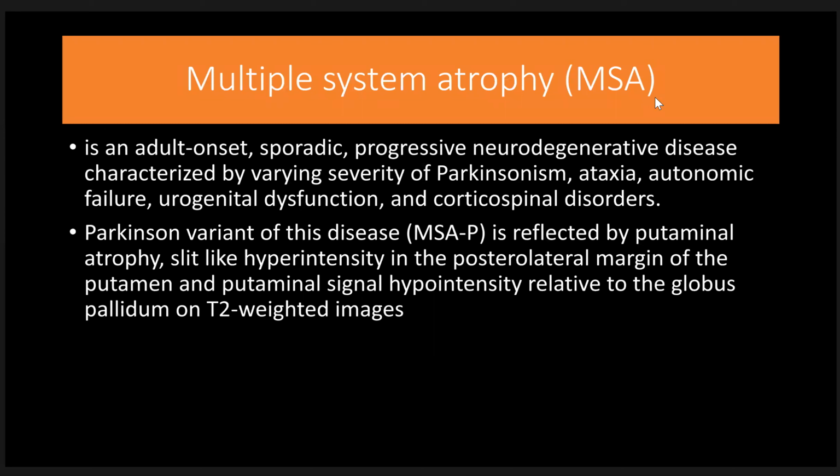Multiple system atrophy is an adult onset, sporadic, progressive neurodegenerative disease, characterized by Parkinsonism, ataxia, autonomic failure, urogenital dysfunction, and corticospinal disorder.